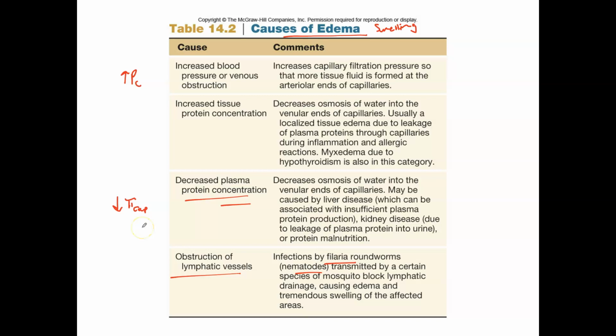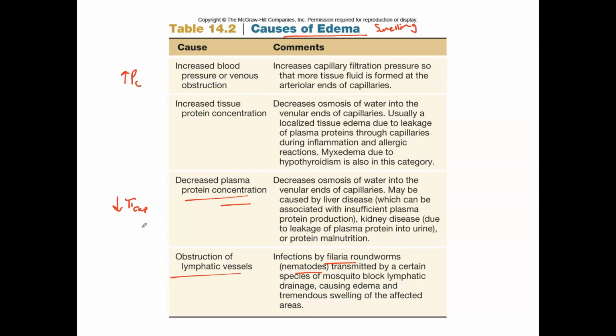So a decrease of pi sub C. So what are some things that can cause a decrease in your plasma protein concentrations? Malnutrition, so not being able to make as many albumins. Liver failure, your liver is what produces your albumins. So if you were in liver failure, this could decrease your osmotic pressure in your capillaries.